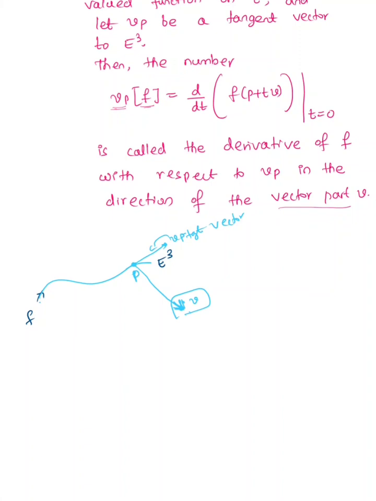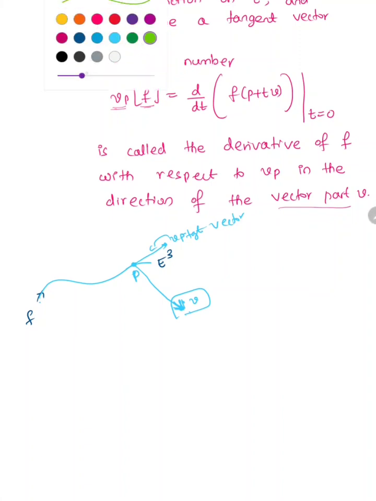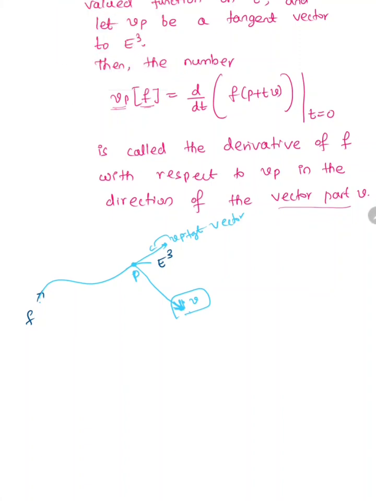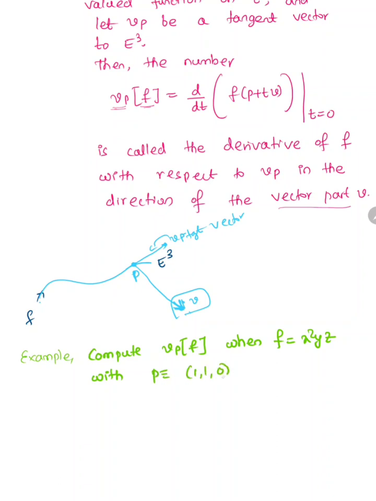Now let's see an example so that the concept is somewhat clear. Example says, compute Vp of f when f is equal to x square yz with the point P as p equal to (1, 1, 0) and the vector part V as (1, 0, -3).